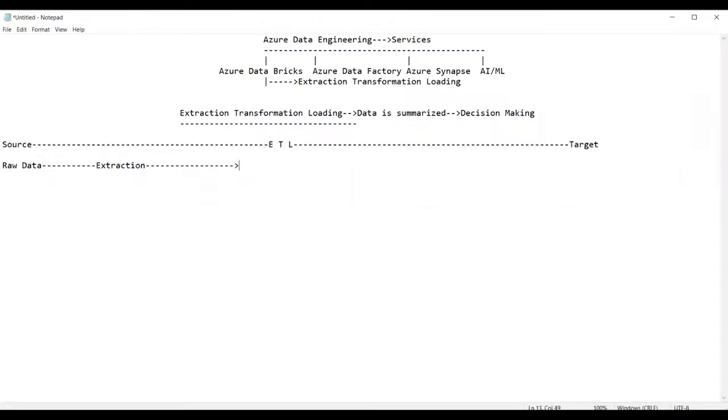After extraction is done, the process of transformation is implemented. Transformation is the actual process where the data is converted into the format required by the customer. Once the transformation is done, the data is finally prepared and loaded into the target, which is called the destination.